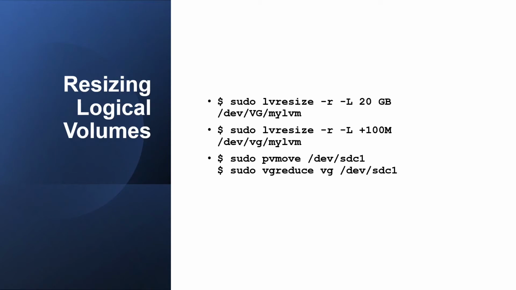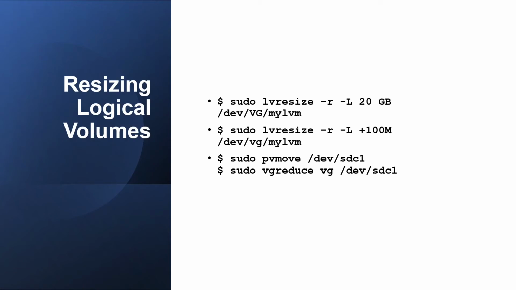If the volume contains a file system, expanding or shrinking it is an entirely different operation than changing the size of the volume. When expanding a logical volume with a file system, you must first expand the volume and then expand the file system. When shrinking a logical volume with a file system, you must first shrink the file system and then shrink the volume.